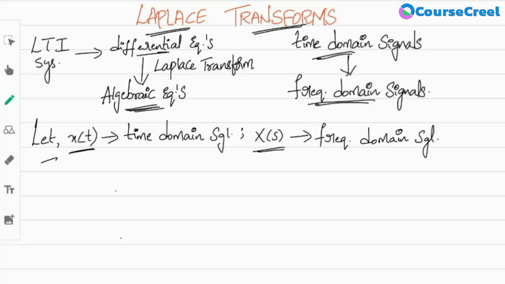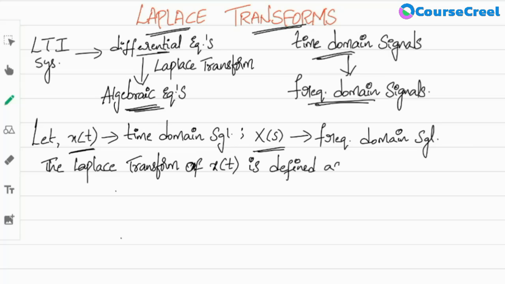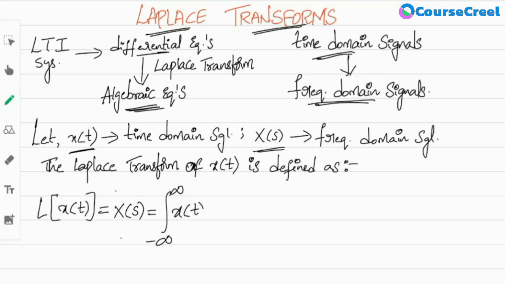The Laplace transform of a time domain function x of t is defined as: Laplace transform of x of t, that is x of s, equals the integral from minus infinity to infinity of x of t e power minus st dt.